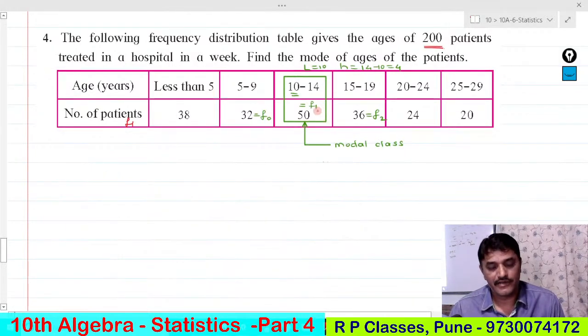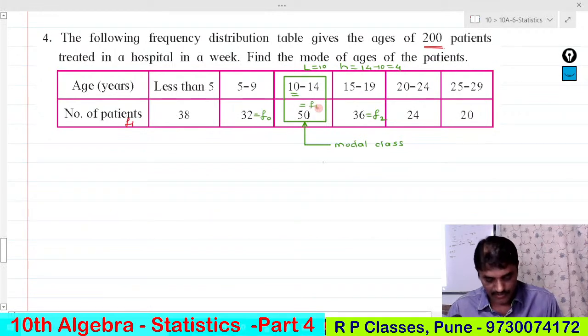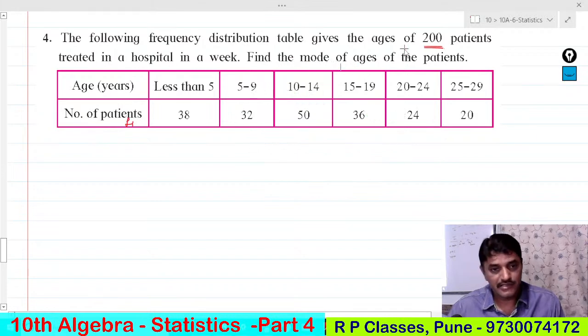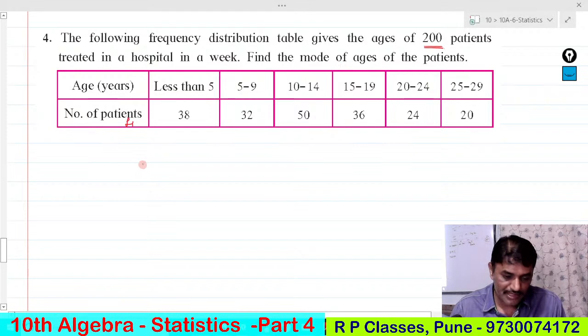I have to change this, right? Okay, let us erase this. We have to convert this table into continuous classes.